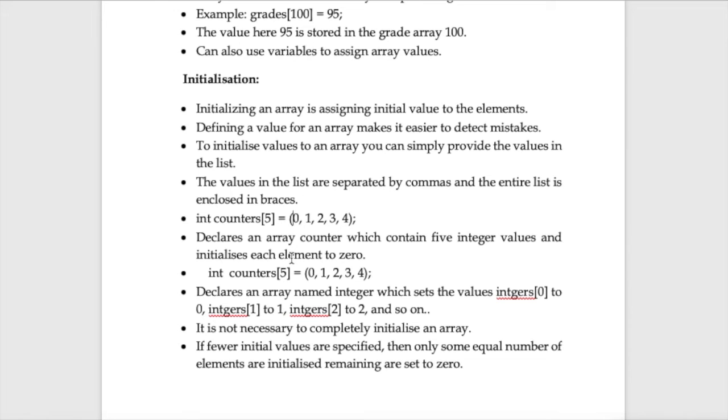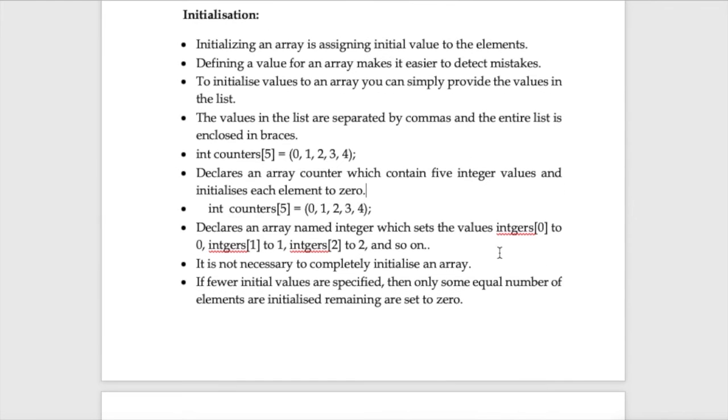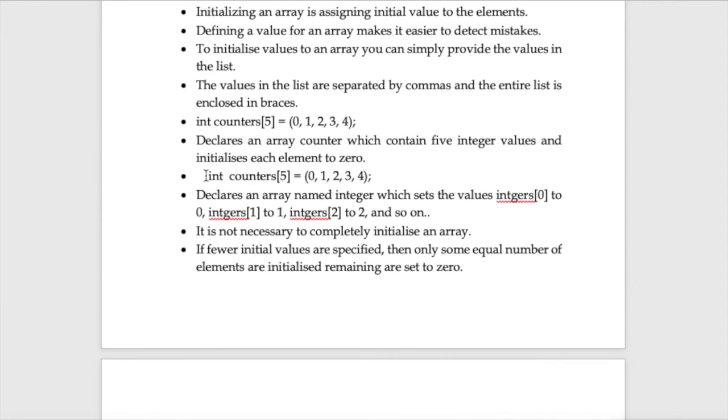Hope I have made myself very clear on the concept of arrays. Now this declares an array counters which contains 5 integers and initializes each element to 0. We have done the step in advance, it is no problem, no worries. int counters[5] equals 0, 1, 2, 3, 4.